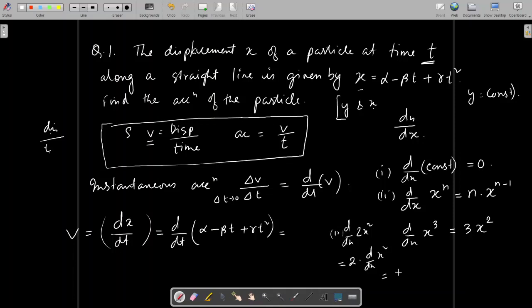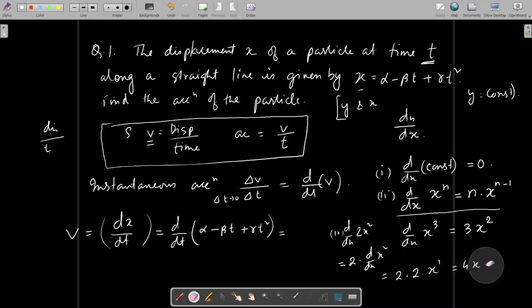So it will be 2 into d/dx of x square, and we follow this formula. The power is 2, so 2 will come in front, and x to the power 2 minus 1, that is 1. So your final answer is 4x. Okay, this is how you solve this.